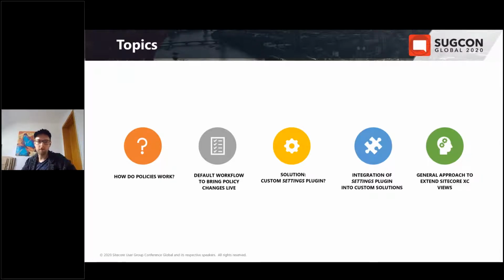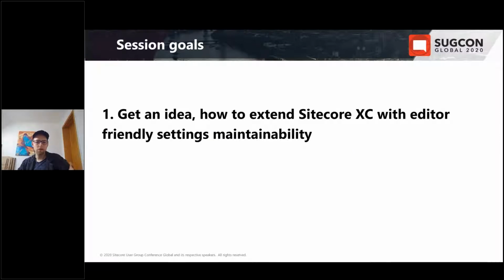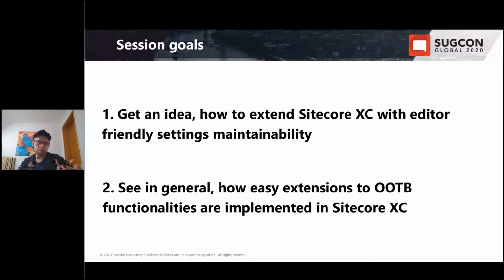So, session goals in general. The first big session goal is to get an idea of how to overcome the issue that editors in the end are not really capable of editing or adding policy values, which, as you will see, is not that easy. The second session goal is to see how things work in general. That's the second part of my presentation.